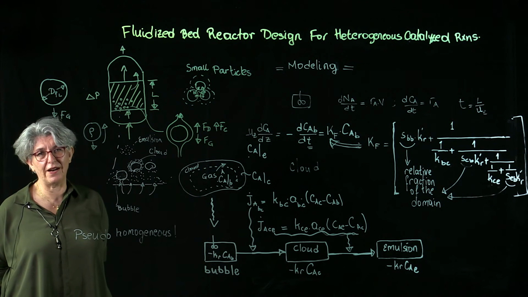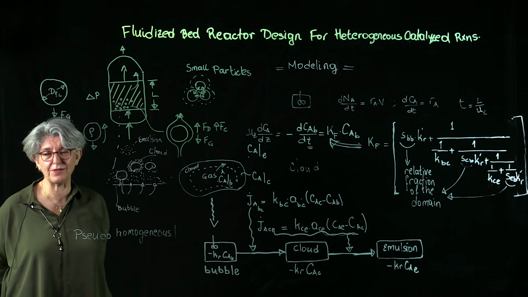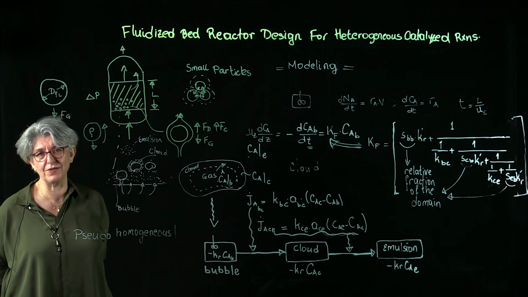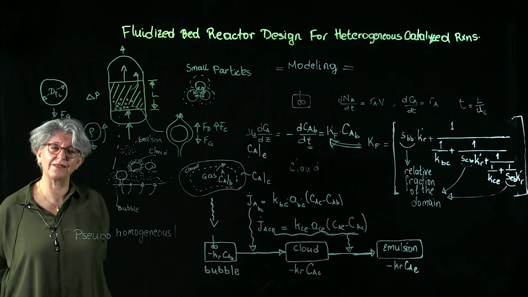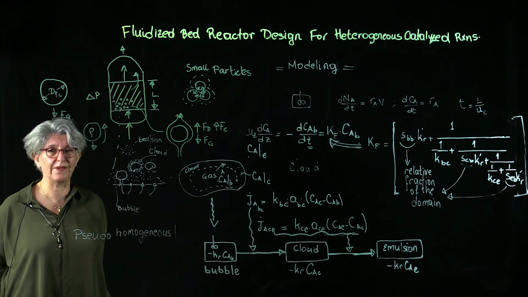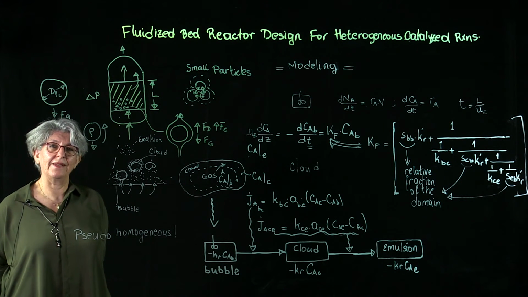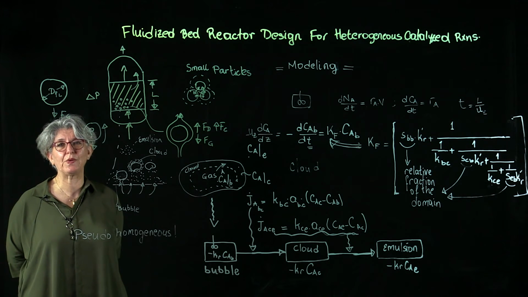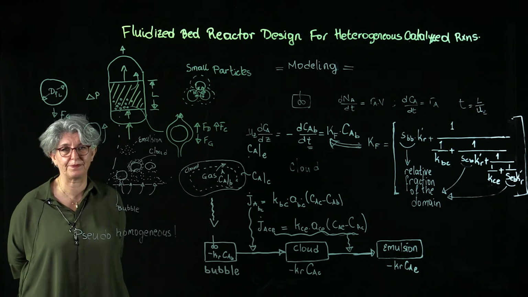It is better to have a pilot scale unit constructed where you have estimated your own parameters, your own pseudo-homogeneous kinetic expressions, and then scaled your reactor up with either justified design parameters or corrected design parameters.